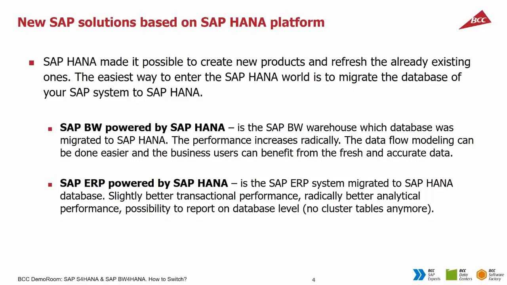Okay, and SAP ERP powered by SAP HANA is also quicker, not as radically as BW powered by SAP HANA, because transactional processing is not that much affected. The increase in performance is not that big, but usually transactions can be executed from a few times to several times quicker than before the migration, and especially the reporting on the ERP system can be radically quicker and better.